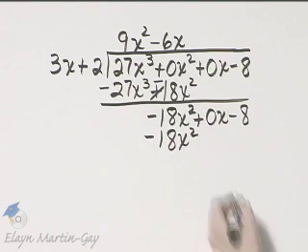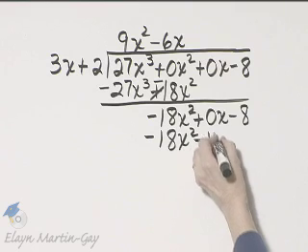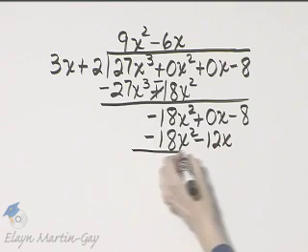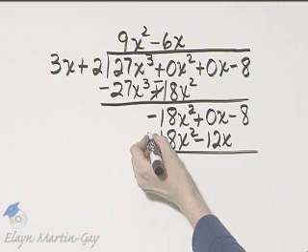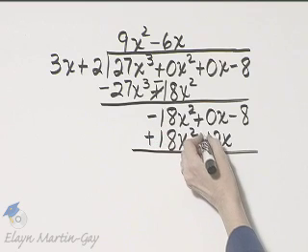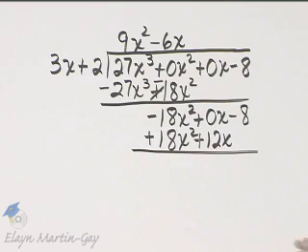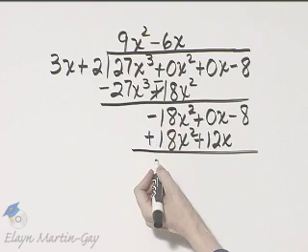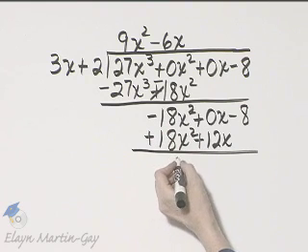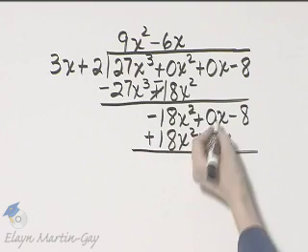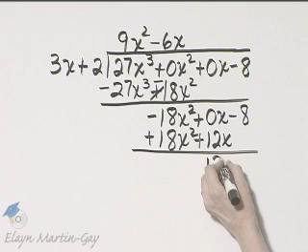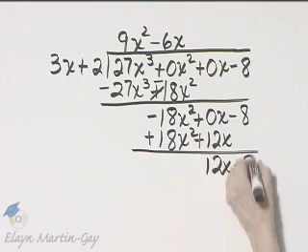Negative 6x times 2, that's minus 12x. I'll draw my line. I'm subtracting, which means I change the signs of each term along this line where I'm subtracting. So I'll have negative 18x squared plus 18x squared, that's 0, just like I want. 0x plus 12x, that's 12x minus 8.